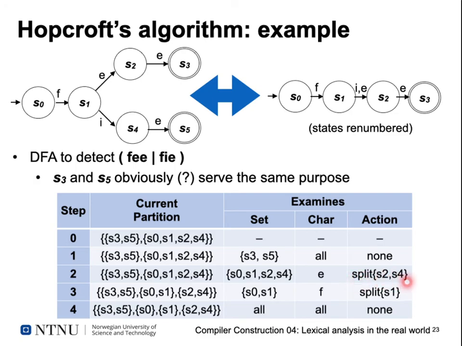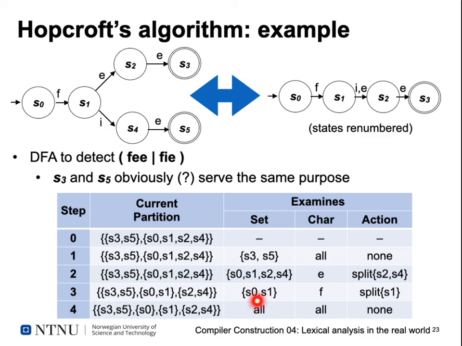So S2 and S4 are obviously not equivalent because we need an E to go to the one and an I to go to the other. So what we did now here is to split our second partition here of the formerly non-accepting states into two sets here. So S0 and S1, and then S2, S4.